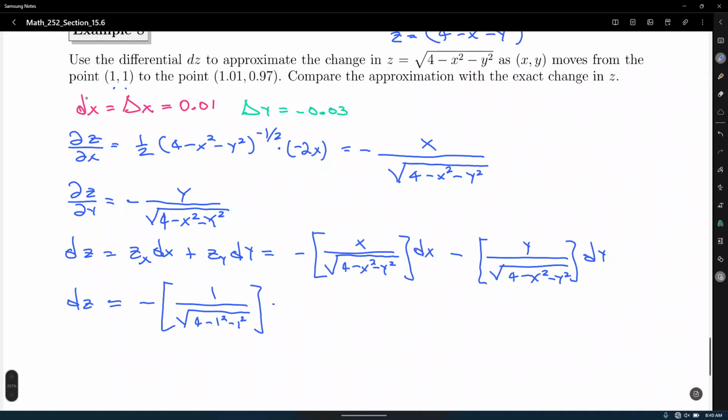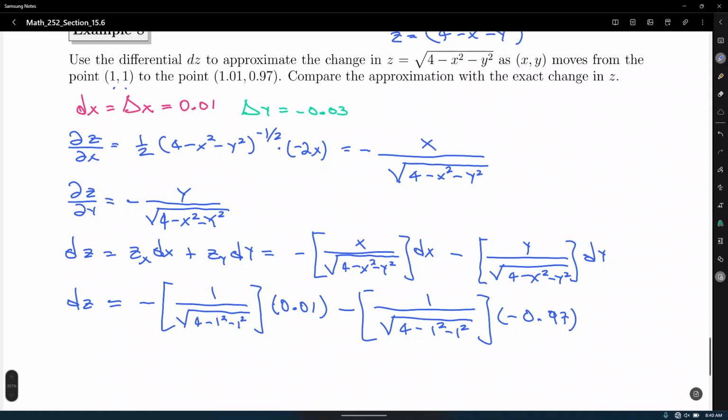But dx is allowed to be the delta x, which is 0.01. Minus y, which is another 1, over the square root of 4 minus 1 squared, times delta y, but careful, don't forget that it's negative, because it's going from 1 to 0.97. That is not an increment, it's actually going to a smaller value.